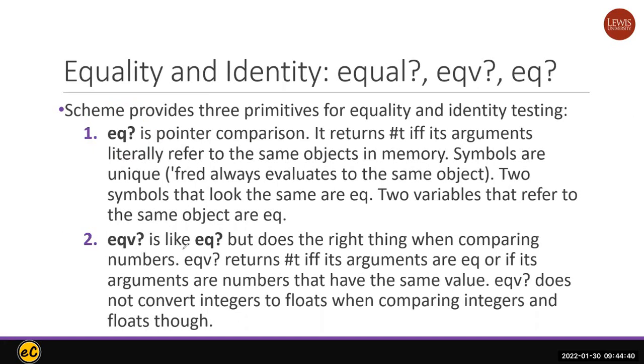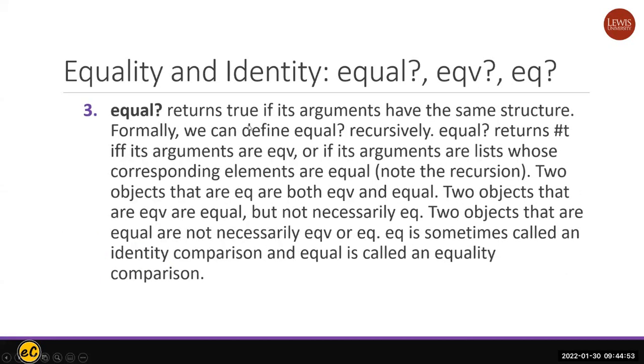eqv? is actually the right thing when comparing numbers. eqv? is equivalent, evaluating the values. equal? returns true if the arguments have the same structure. Formally we can define equal? recursively.